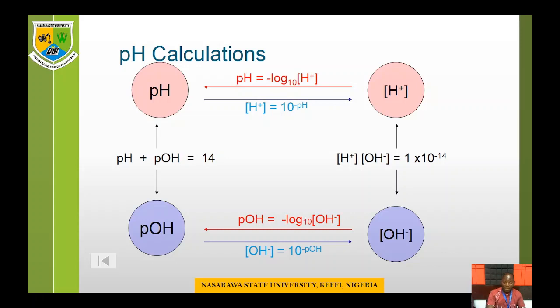Again, hydrogen ion concentration multiplied by hydroxyl ion concentration is equal to 1 times 10 raised to the power of minus 14. So these fundamental expressions are key for us to memorize, for you to memorize.